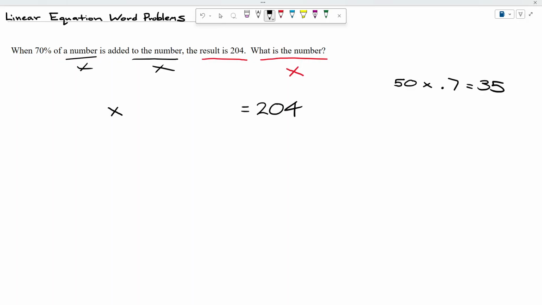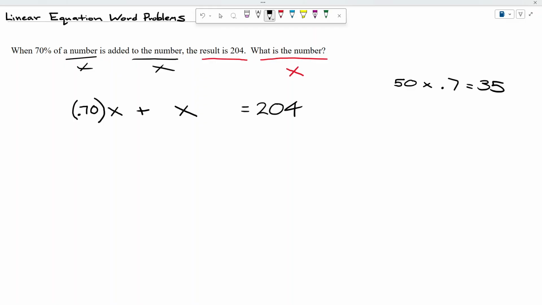So let's plug that in over here. So we're asking when 70% of a number, this number x, so we're going to have to take whatever our number x is and multiply it times 0.7. And that it's saying is added to the number, this same number, so when it is added to the number, we will get 204.